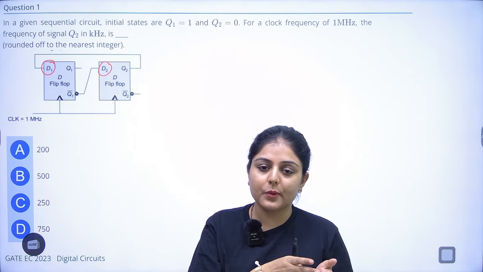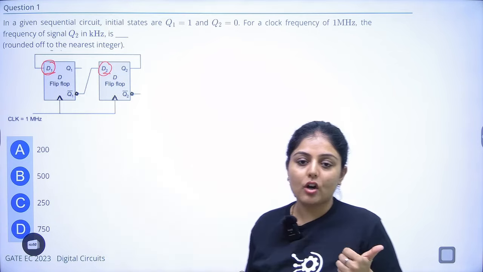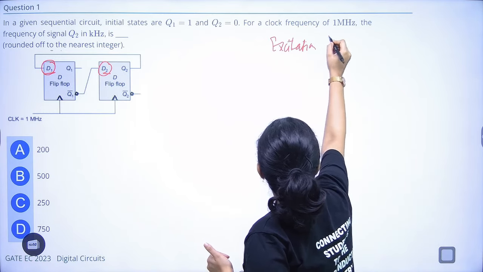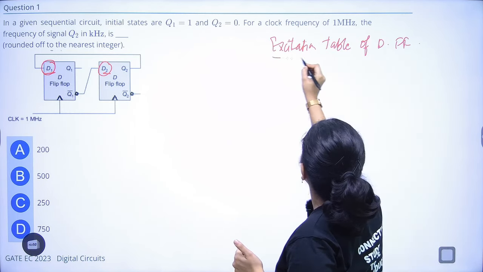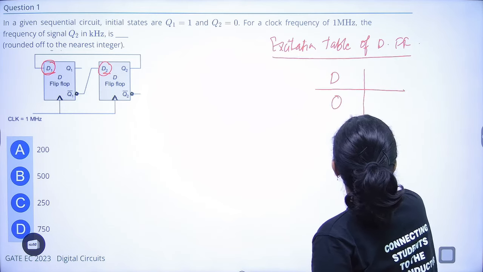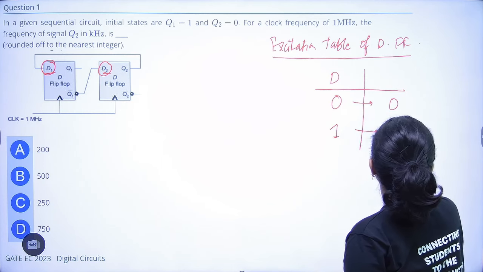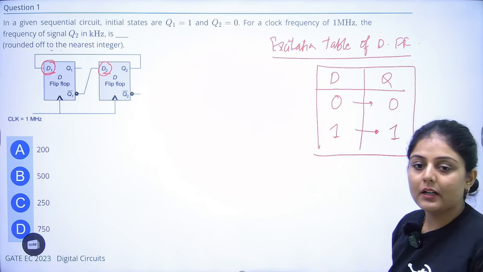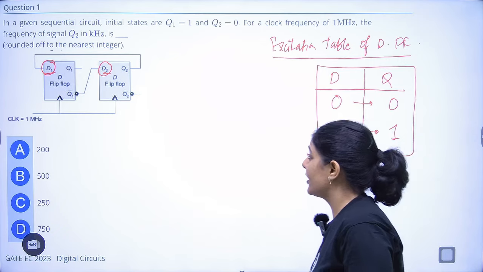The other things are the previous state and the type of flip-flop, like this is D and D. If we draw the excitation table of the D flip-flop, when the input is 0, the output will also be 0. When it is 1, the output will also be 1. And the output here is nothing but the next state. So this is the excitation table for the D flip-flop.